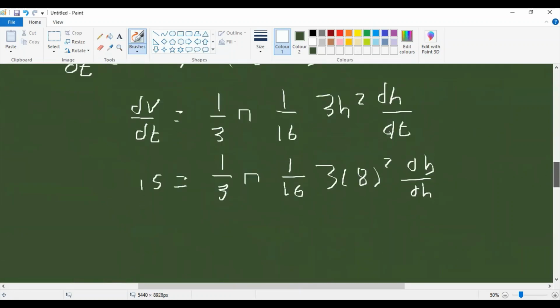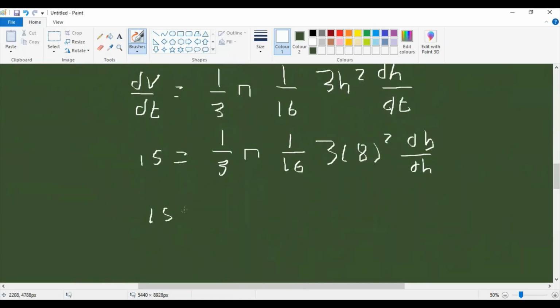So we simplify this one. We have 15. We multiply this, 1 times 1 will become 1, and 3 times 16 would be 48 pi. Then we have 3 times 8 squared, we would have 192. You need to put a parenthesis in here so that if you put it in your calculator, you won't have a syntax error.